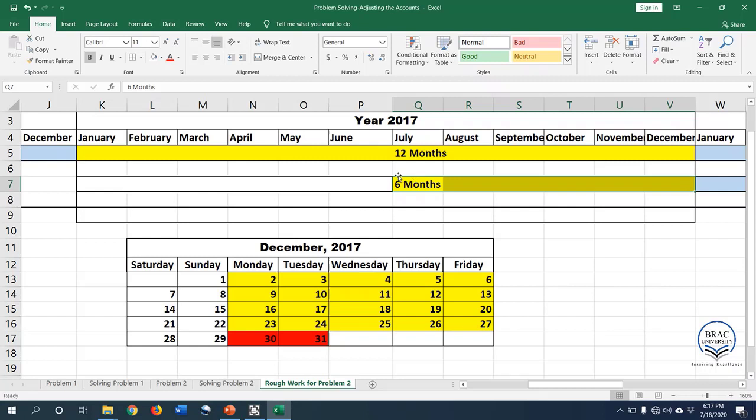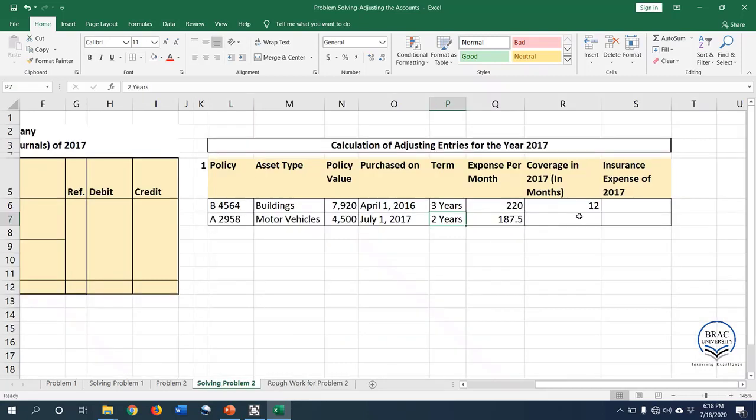That's very important for us. So when we record expense, we shouldn't record expense for more than 6 months, because this insurance covers only 6 months of our year 2017. So the second policy covers 6 months of year 2017.